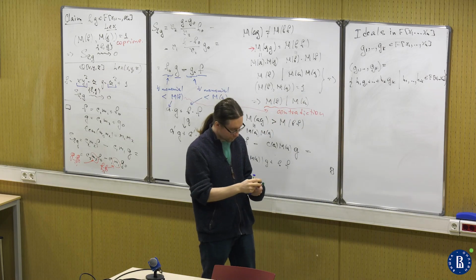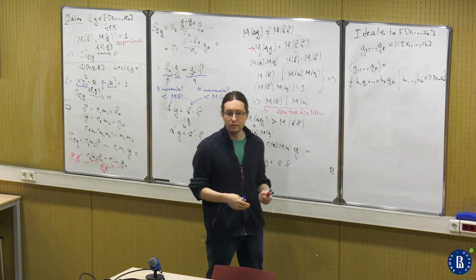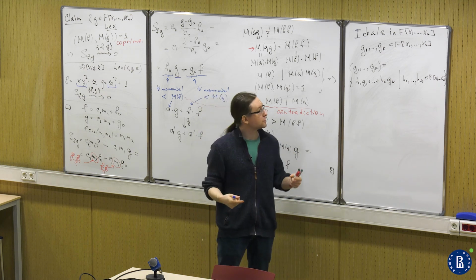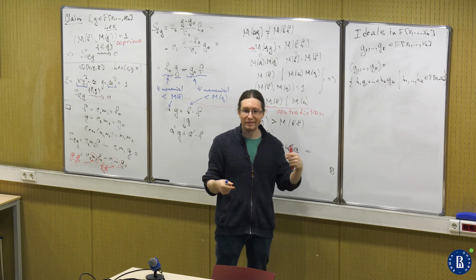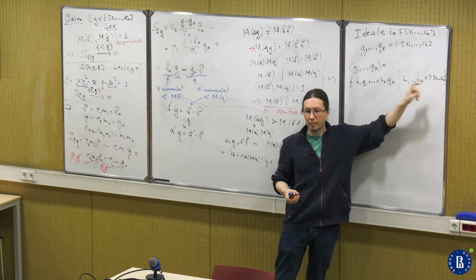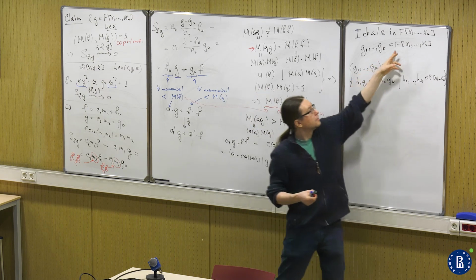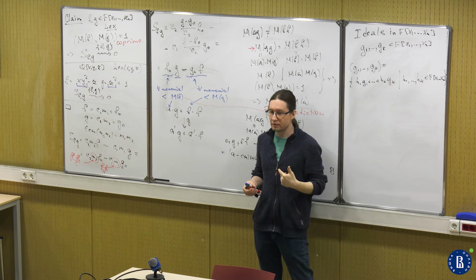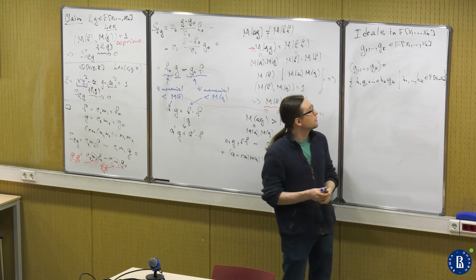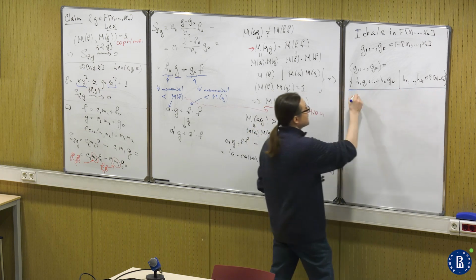So this is the definition. Again, we consider all linear combinations of G1, ..., Gk with coefficients being polynomials. So this is a subset inside the set of all polynomials. Now, what I'm saying is that this subset is an ideal.